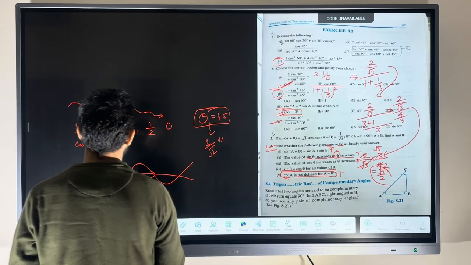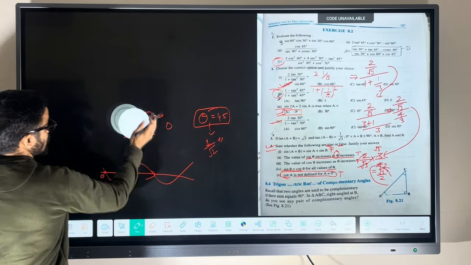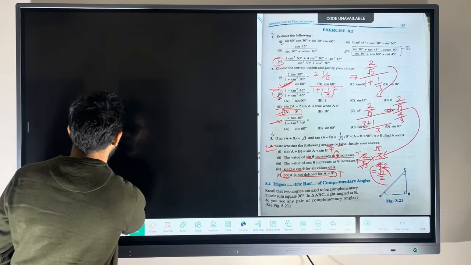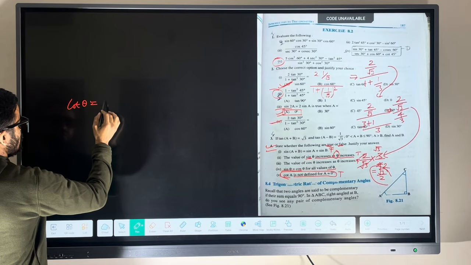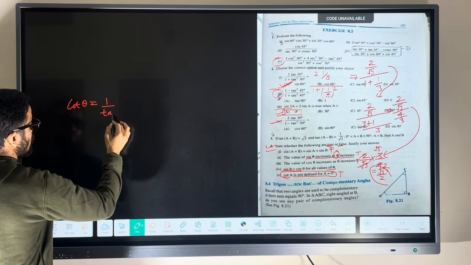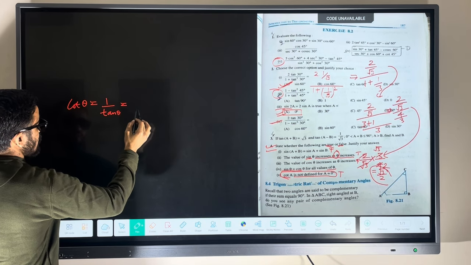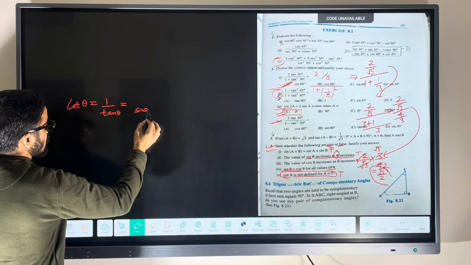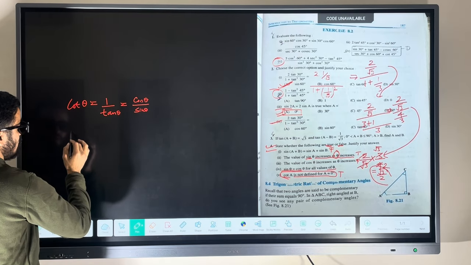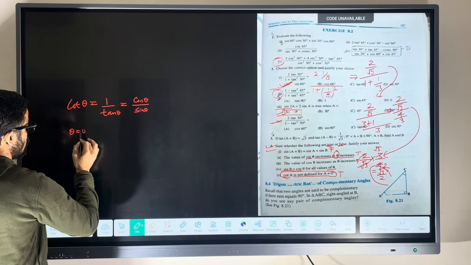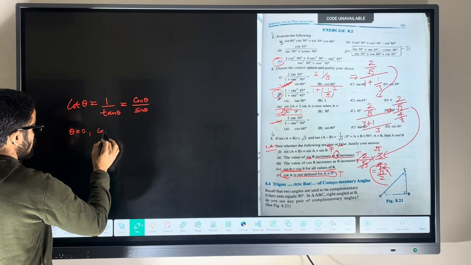We know that cot theta is equal to 1 upon tan theta, and tan theta is sin theta upon cos theta, so it is cos theta by sin theta. Now at theta equal to 0, what is the value of cos 0?